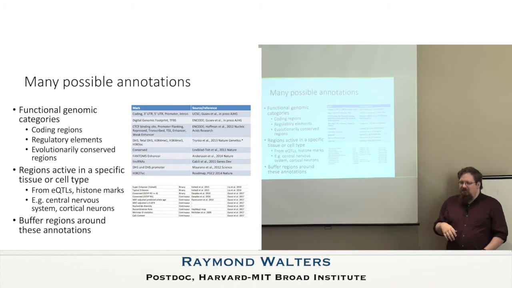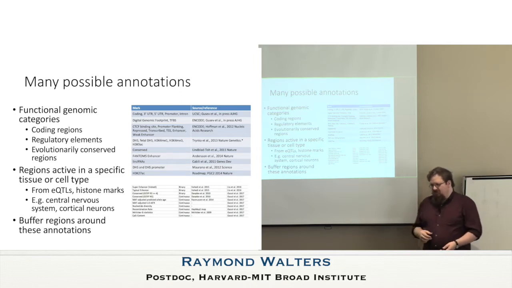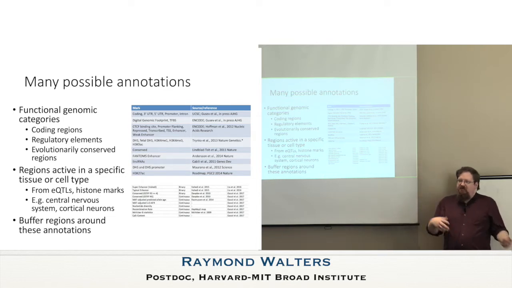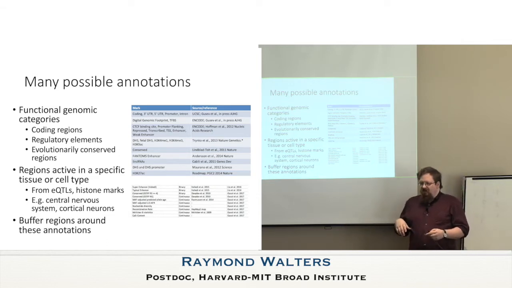also start thinking about regions of the genome where we have statements from other wet lab biology as far as what their activity seems to do. So regions of the genome that we know from, say, eQTLs are affecting gene expression, perhaps in particular tissues or cell types, or that have various histone marks or methylation patterns in the genome that are related to various things.